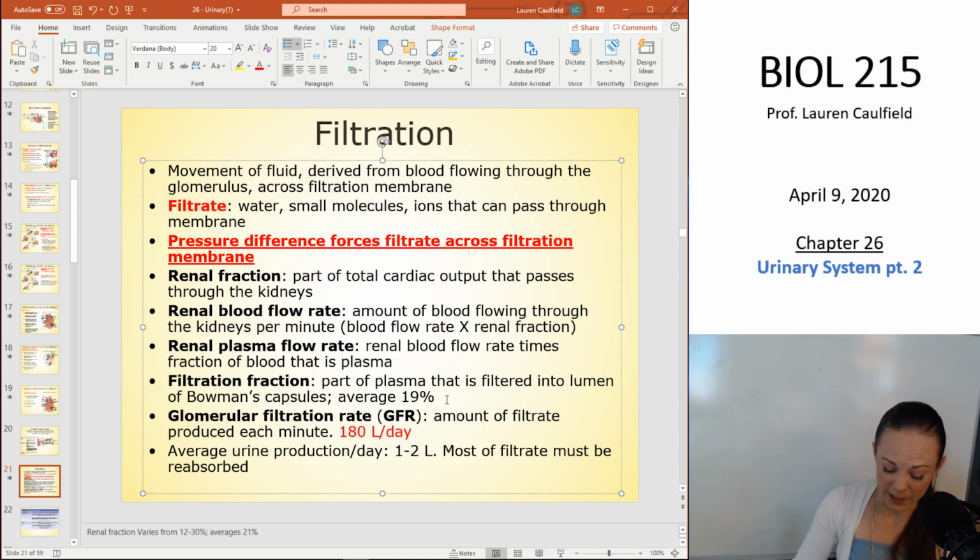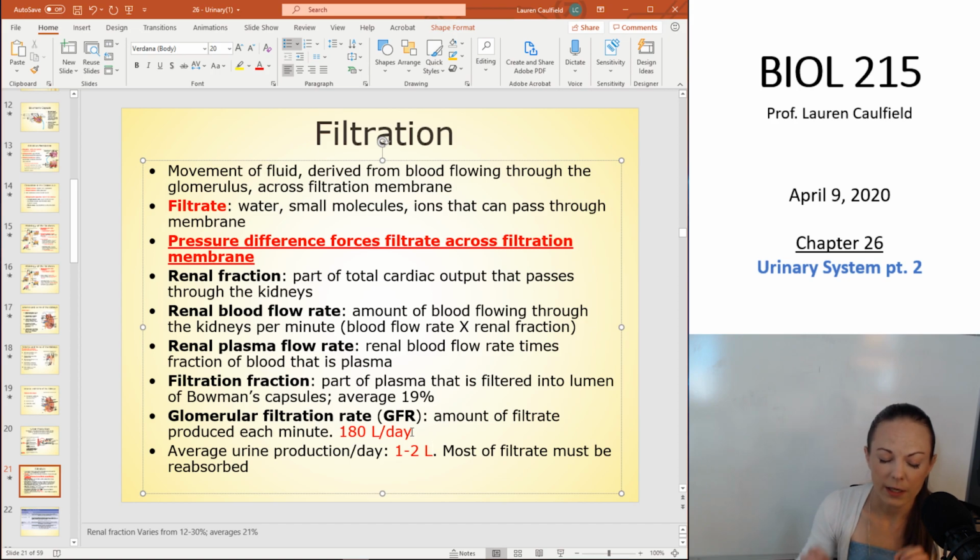Now, you guys know that I don't make you memorize numbers. However, 180 liters. On average, you're producing 180 liters of filtrate a day, but you are reabsorbing the vast majority of that because your urine production is only going to be between 1 to 2 liters.